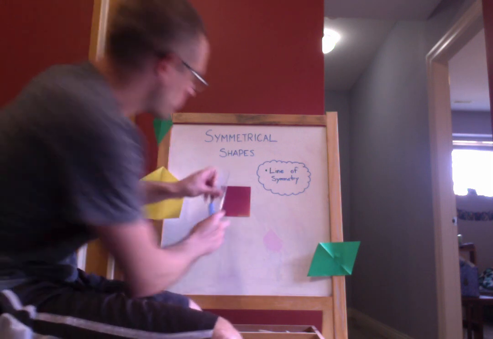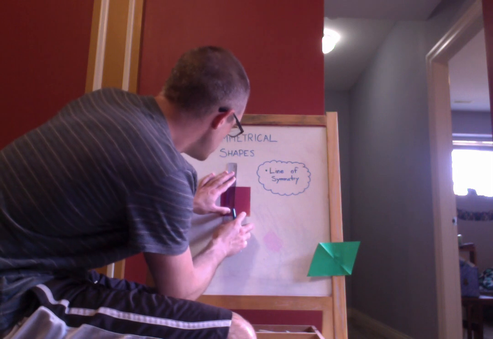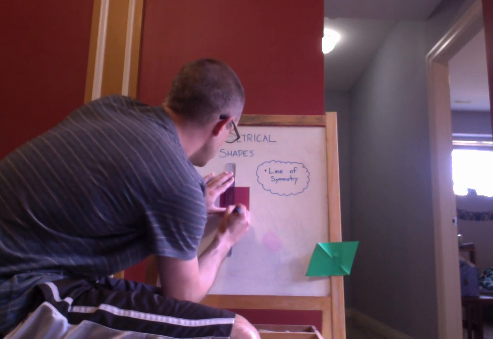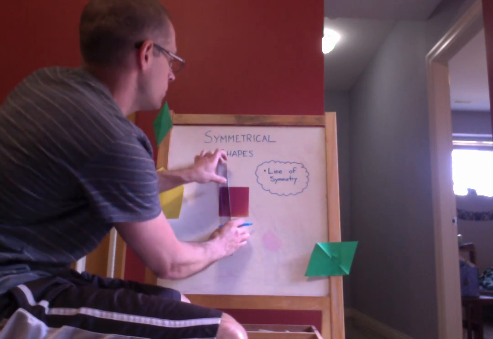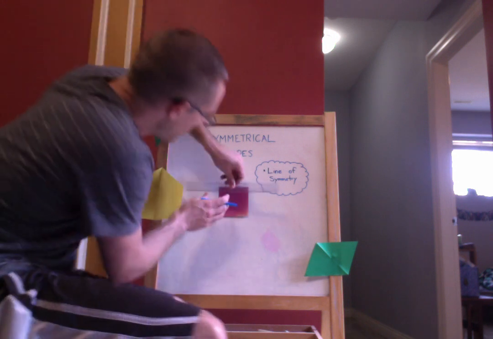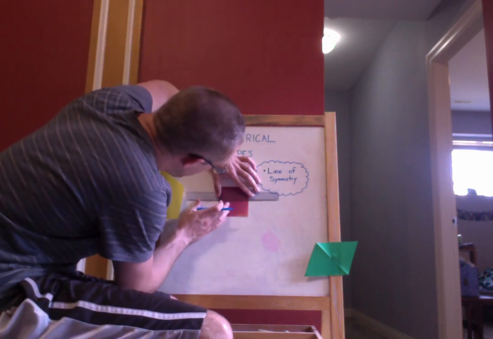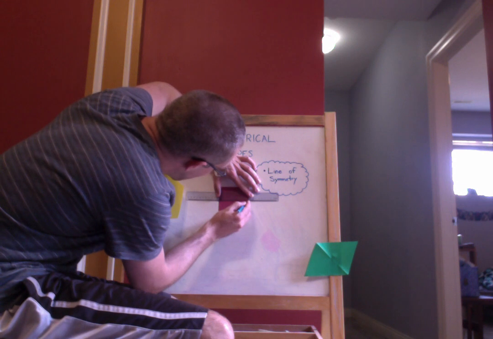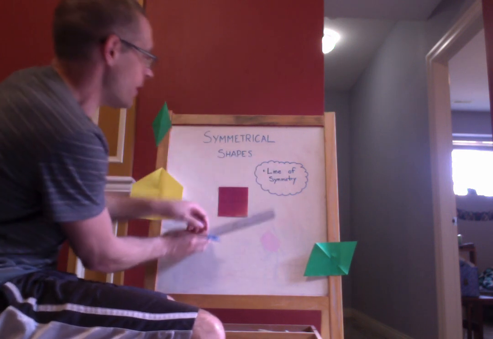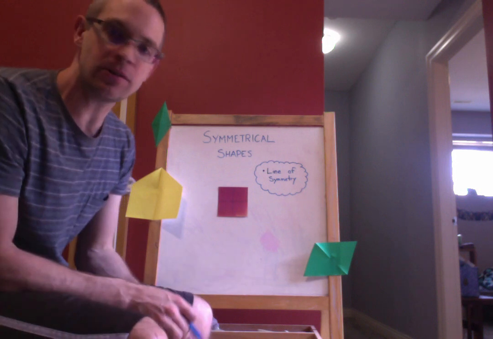Okay, so I'm going to start with an easy one, which is if I draw a vertical line, that is one line of symmetry there, right? These two sides are exactly the same. I can draw a horizontal line that will divide this shape exactly in half for another line of symmetry. So I now have 2 lines of symmetry.